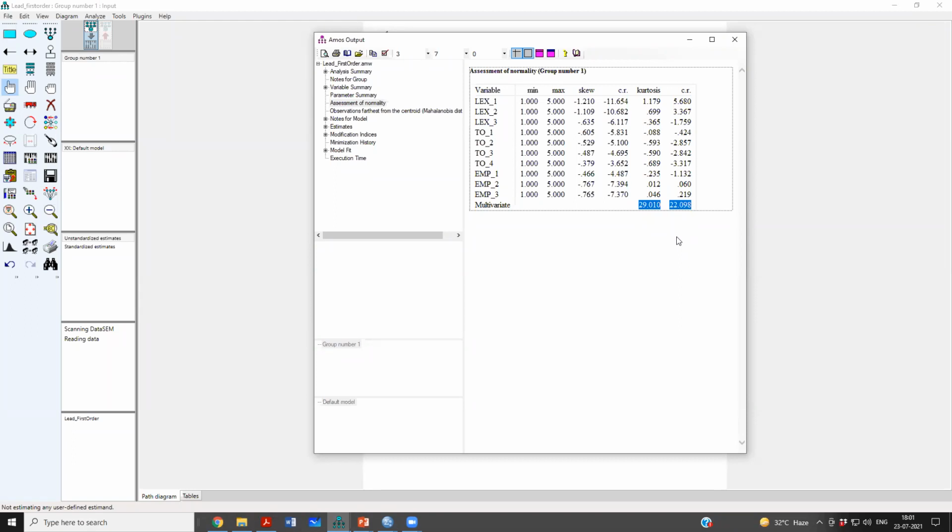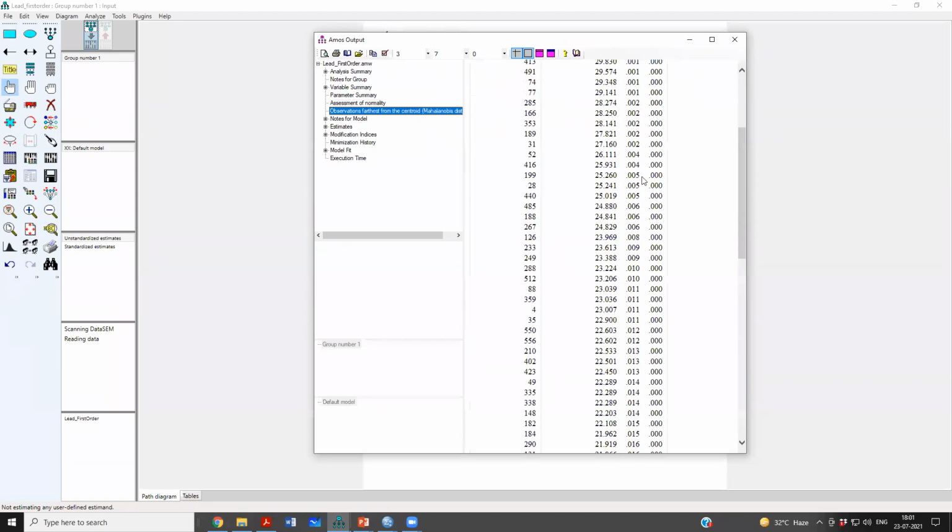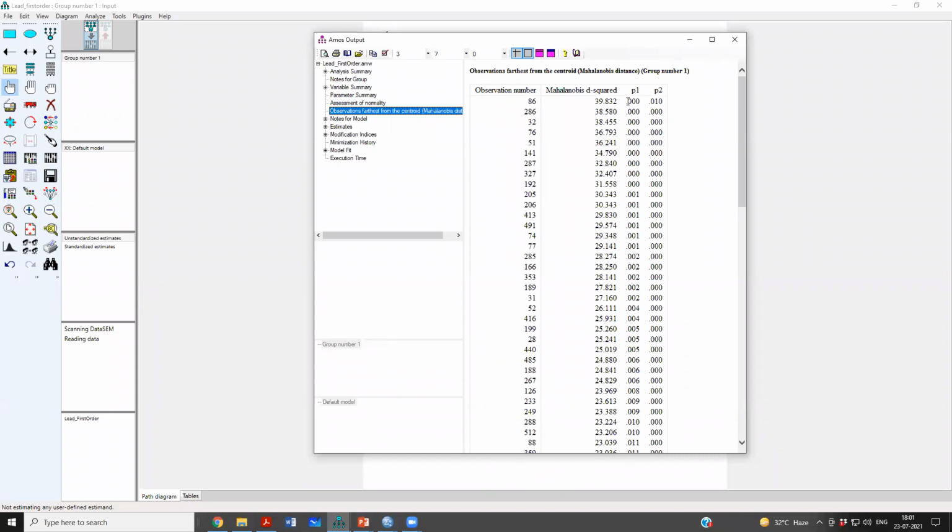Yes, Kishore? Actually, when you were showing the Mahalanobis table, what does that P1 indicate? Because it's slowly increasing as the values are going down. Yeah, so it is just showing the probability. There are two probabilities which show whether the distance is significant or not.